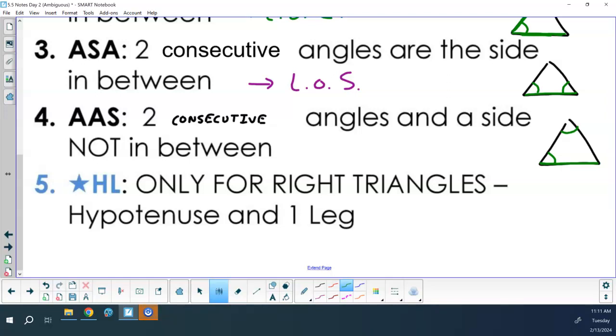Okay? And I loved it when we came to proving triangles because there's one case where you can't prove triangles are congruent. And that's when you use a naughty word.